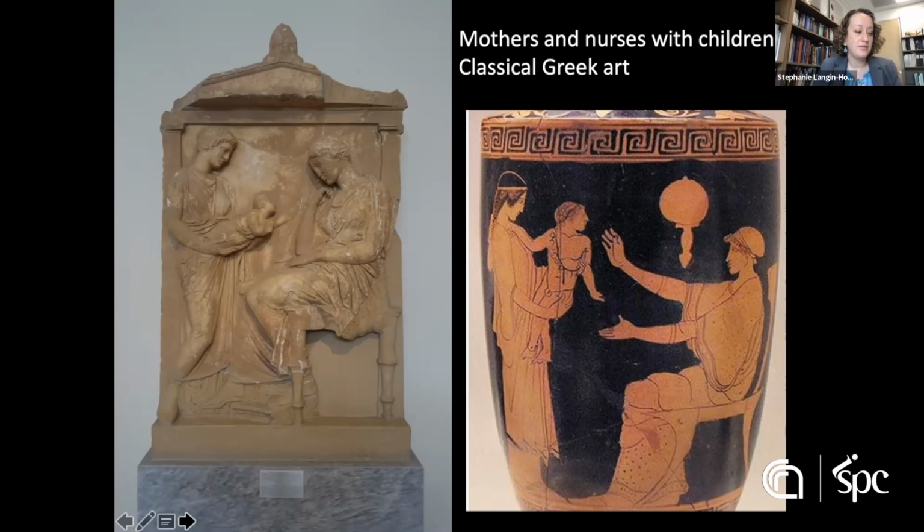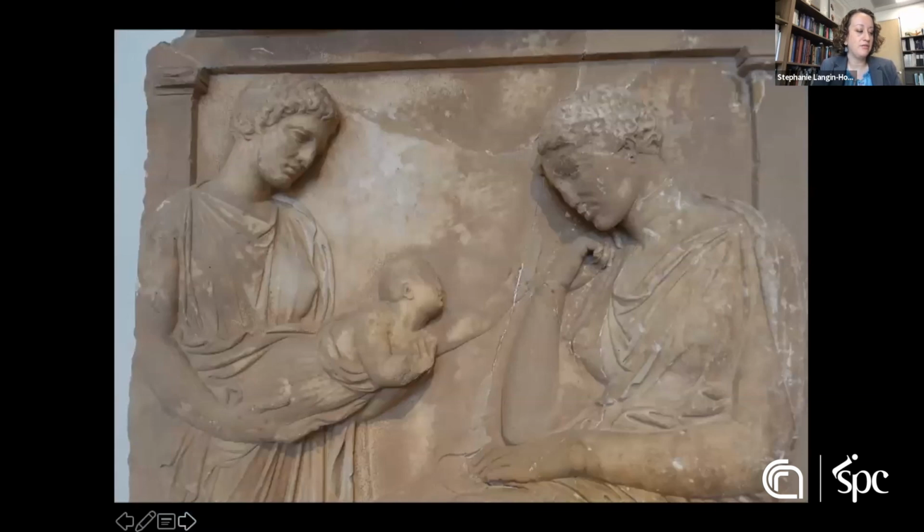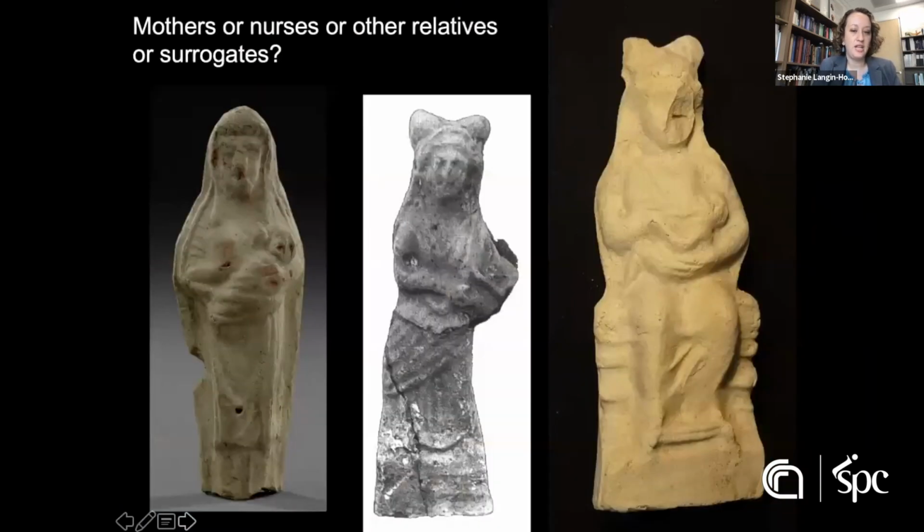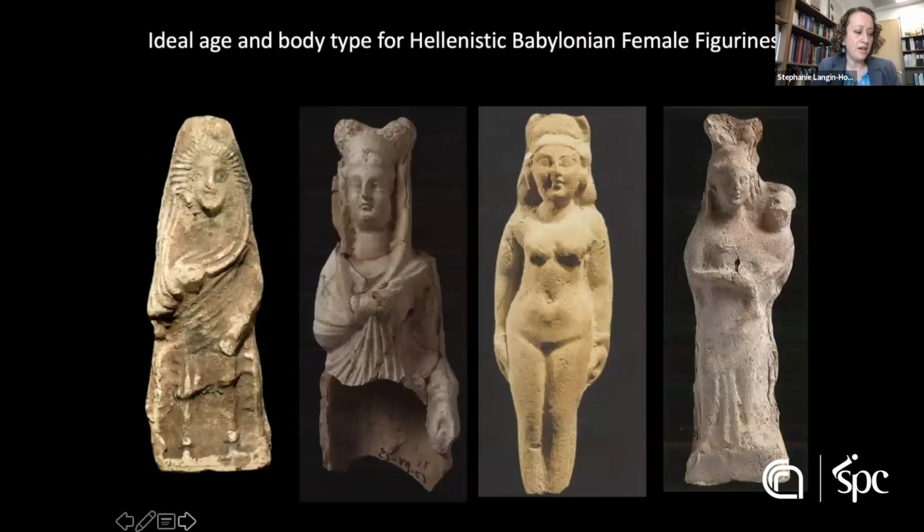Even the sometimes sumptuous depiction of clothing on the figurines does not necessarily offer clarification, as Mesopotamian records indicate that wet nurses were given allowances of clothing and in some cases very expensive gifts. The specifics of the woman's body might not even be meant as a direct reflection of the corporeal form of a maternal figure, but rather speak to the broader negotiation in Hellenistic Babylonia about preferred female body types, which tended toward a fairly narrow ideal of age and proportions.